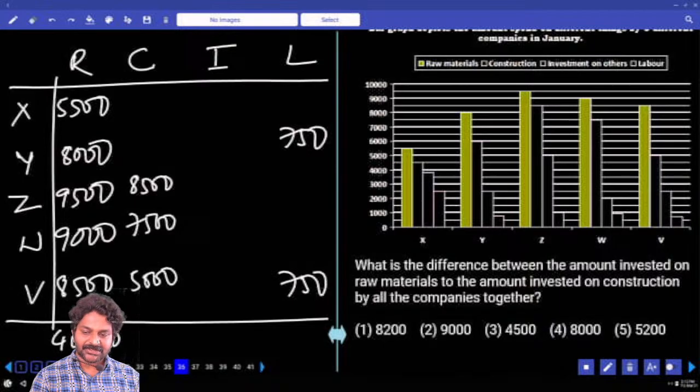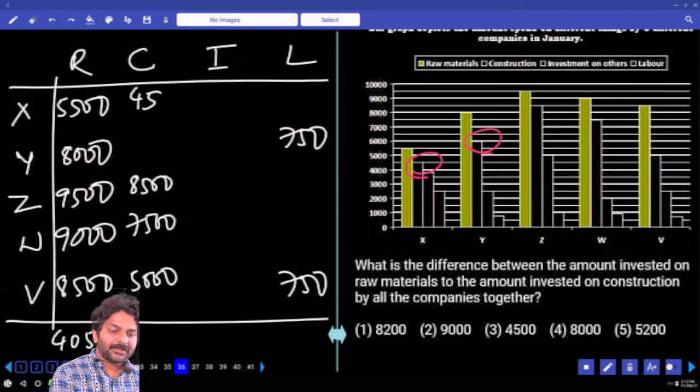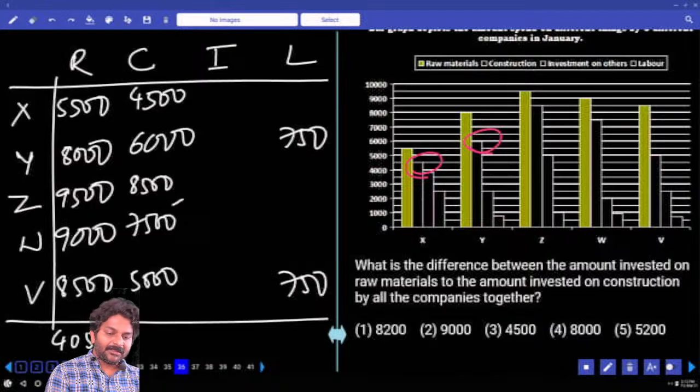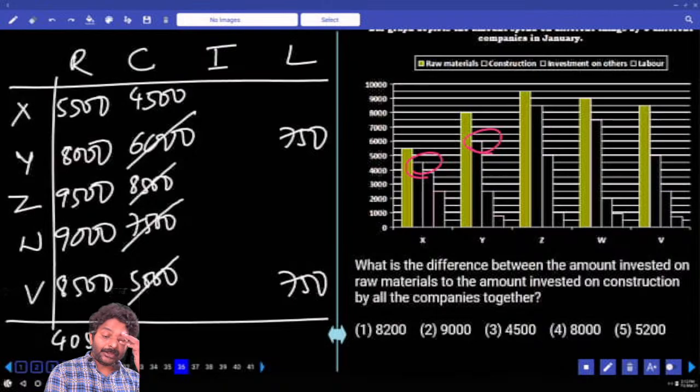First two construction: 4,500, 6,000. Yes? Right. 7,500, 8,500. 16 plus 6, 22. 22 plus 5, 27. 27,000 plus 4,500, 31,500. The question is about the difference, which is 9,000. Over.